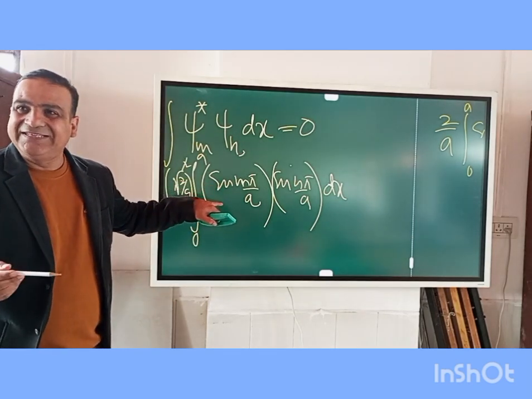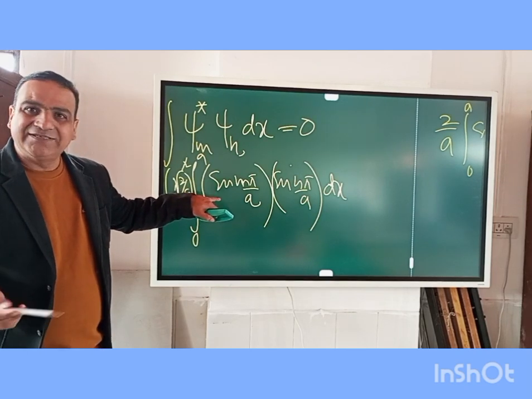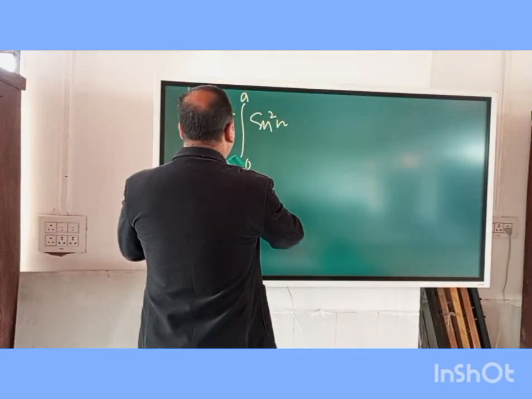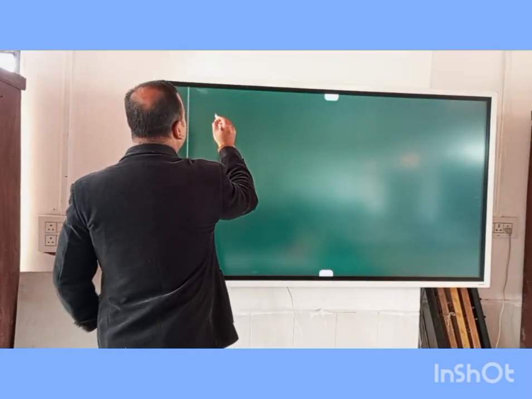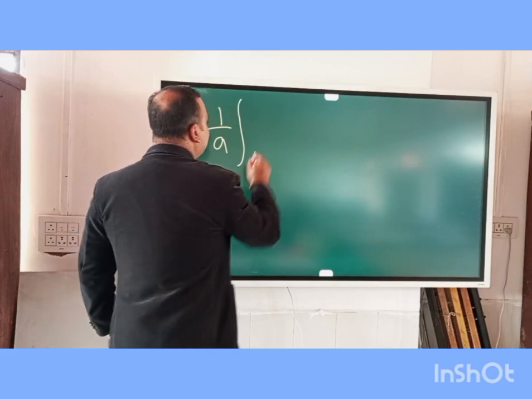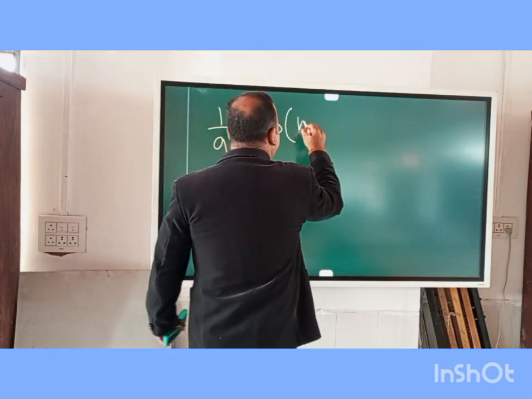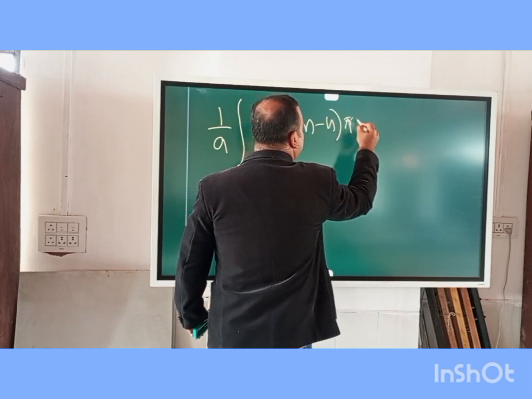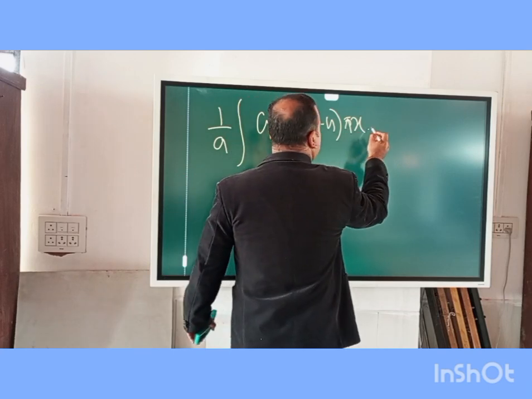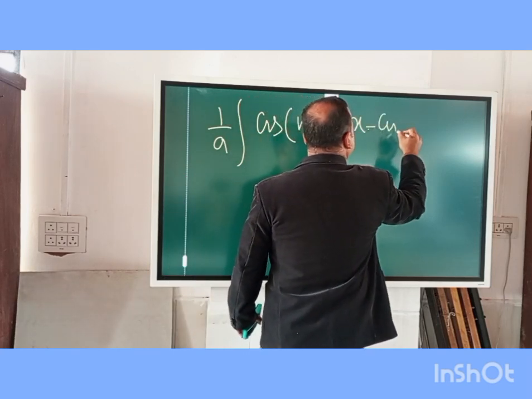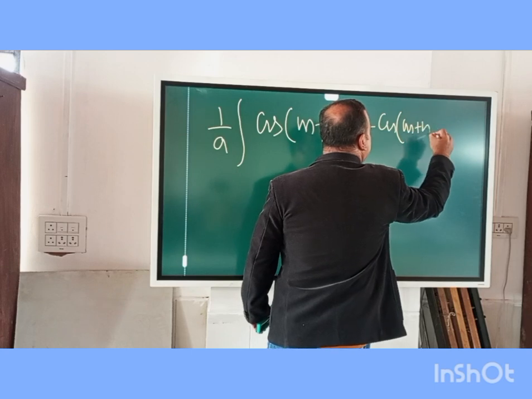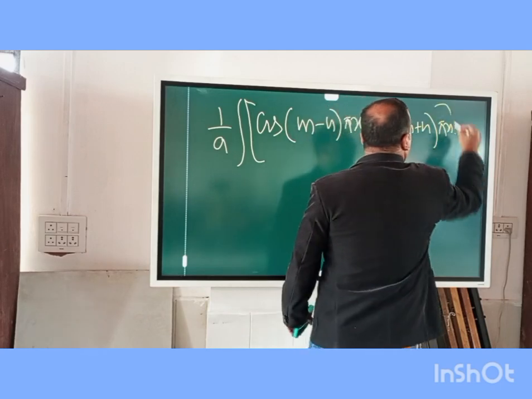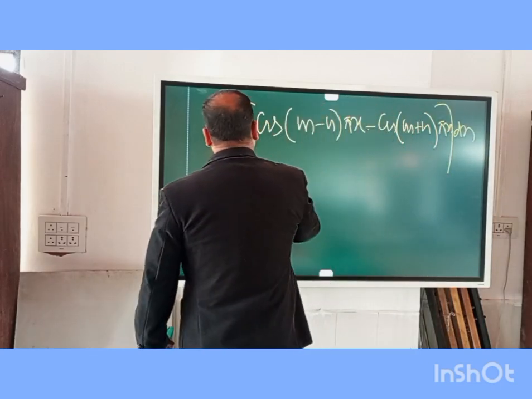So this is twice sine theta 1 sine theta 2, and we can write this as 1 by a integral of cos of (m minus n) pi x minus cos of (m plus n) pi x, dx from 0 to a.